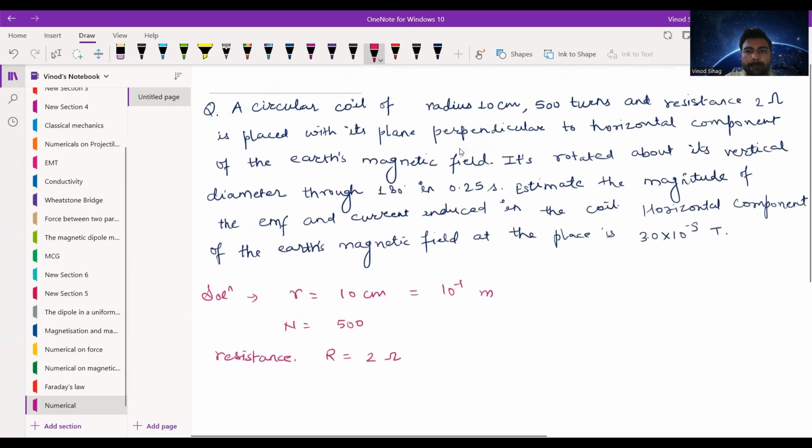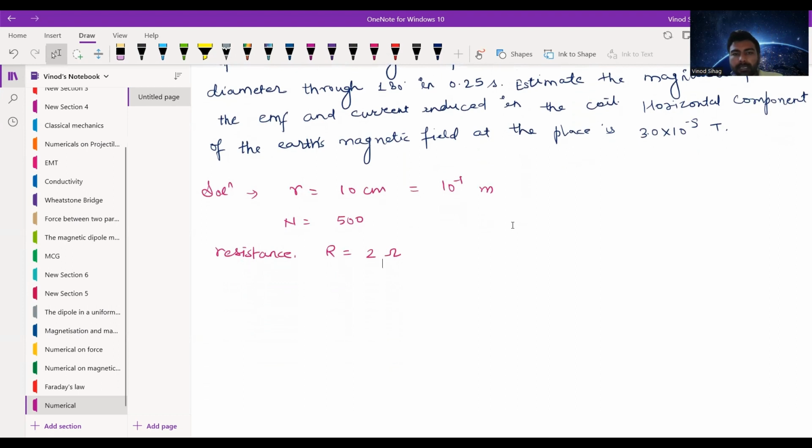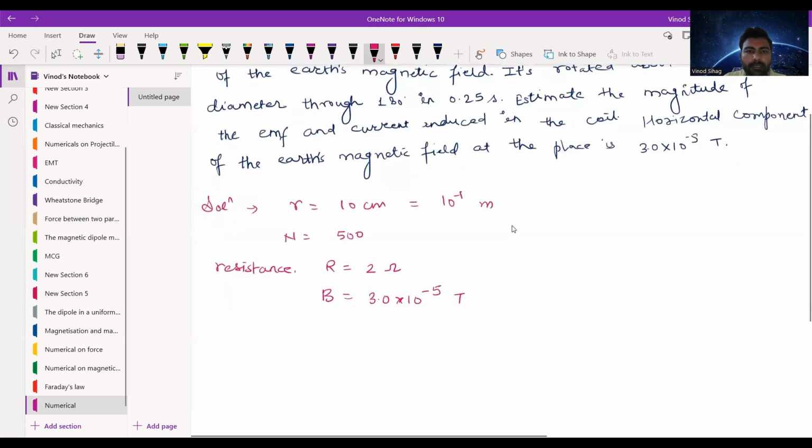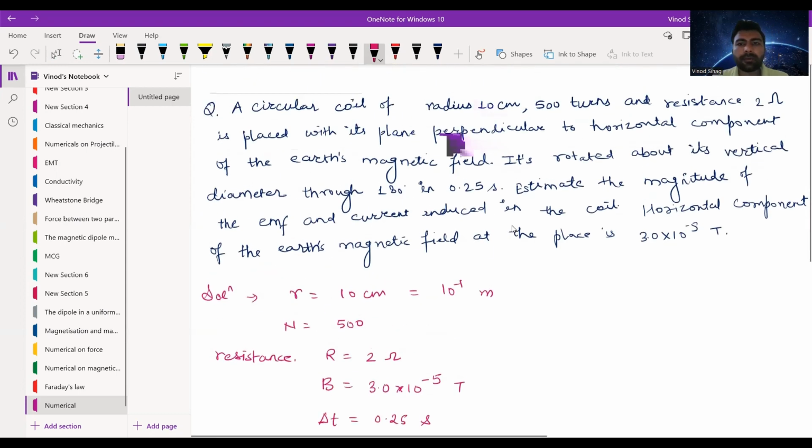It is placed with its plane perpendicular to the horizontal component of Earth's magnetic field, and the Earth's magnetic field is given as B equals 3.0 into 10 raised to the power minus 5 Tesla. And what else is given? The time taken is 0.25 seconds.